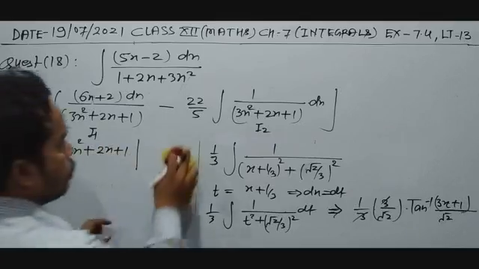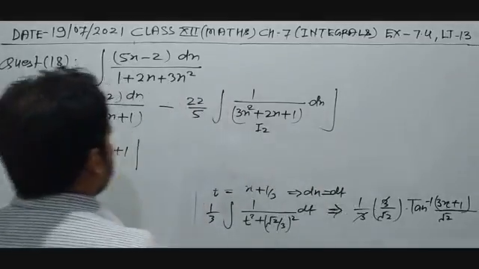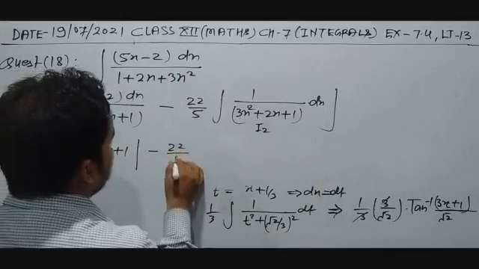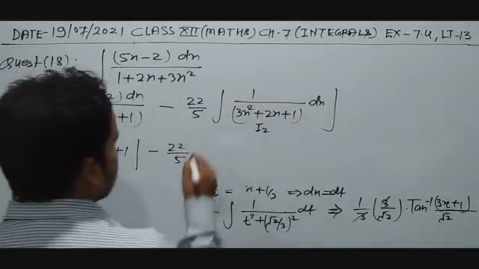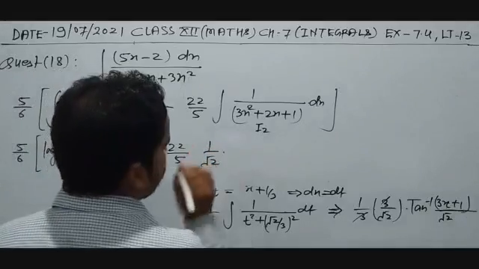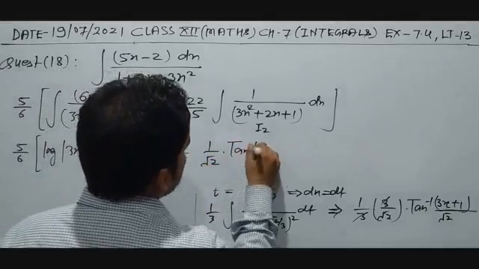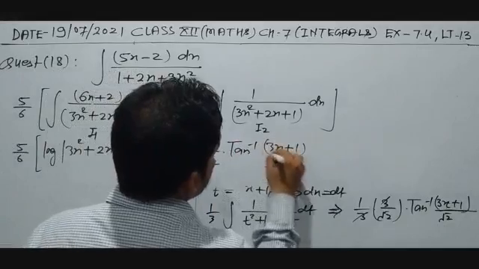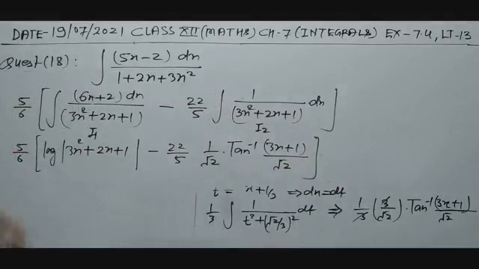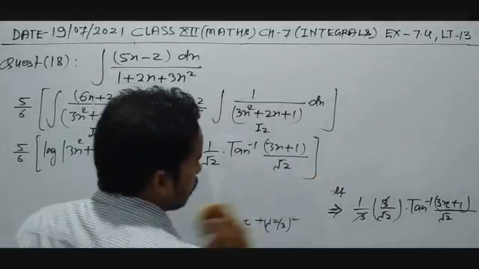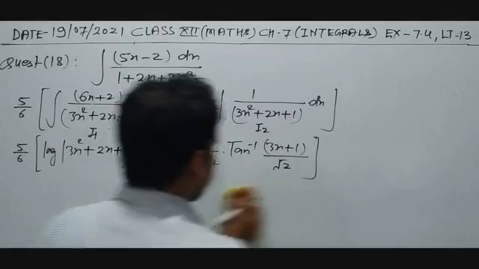Now minus 22/5, its result is 1 by root 2 tan inverse of (3x + 1) by root 2, and when you multiply by 5/6, what result will you get?